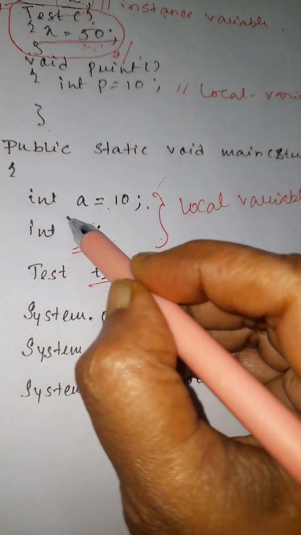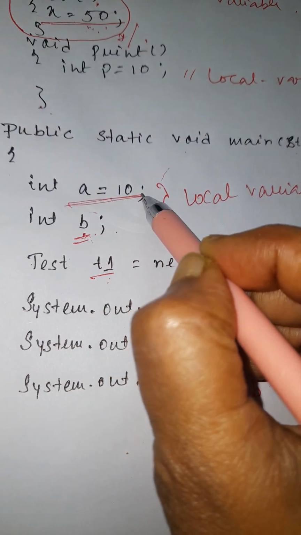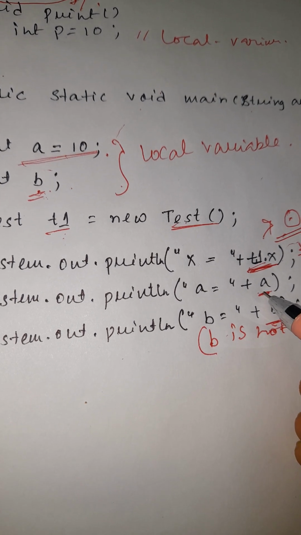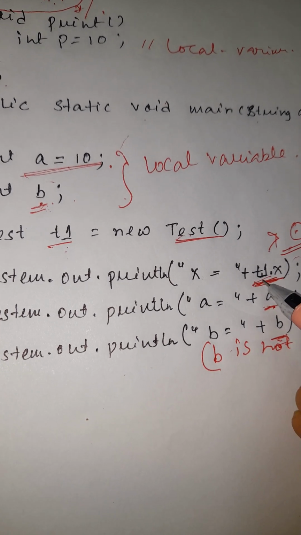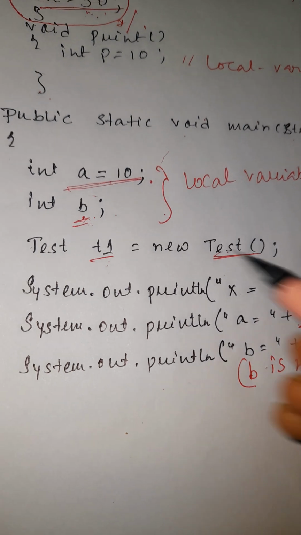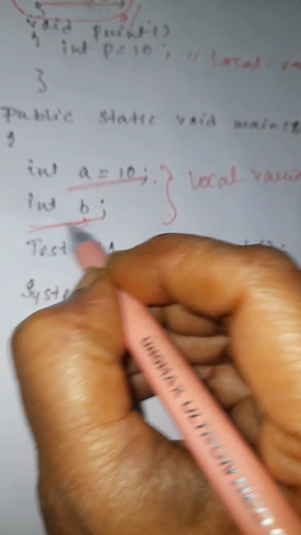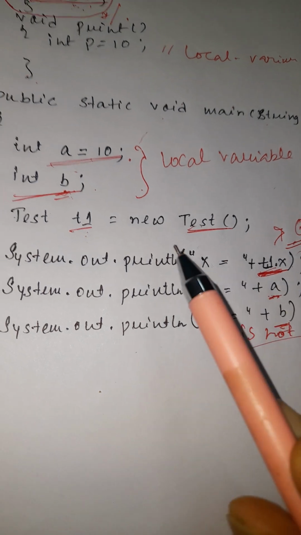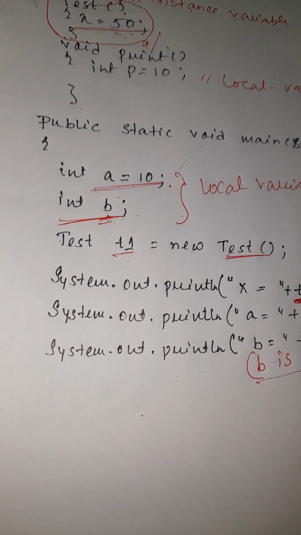A local variable should always be initialized, and you can use it without the help of the object, while the instance variable you should call with the help of the object. If the local variable is not initialized, then this error will come. So always the local variable should be initialized.